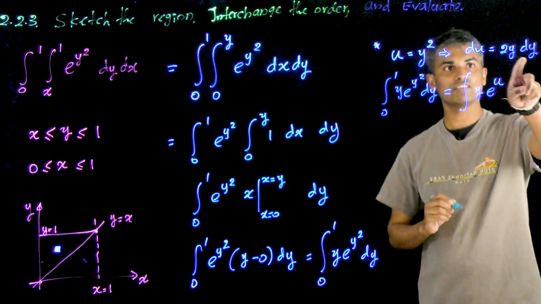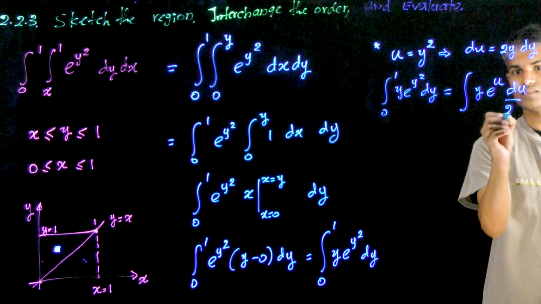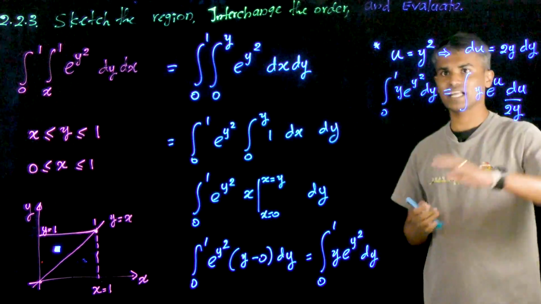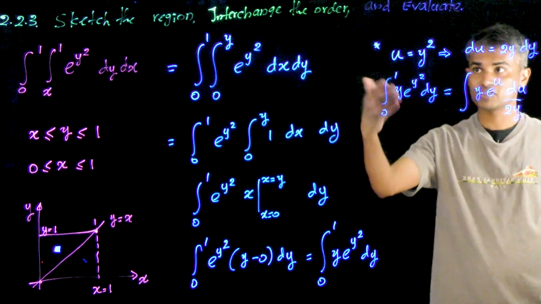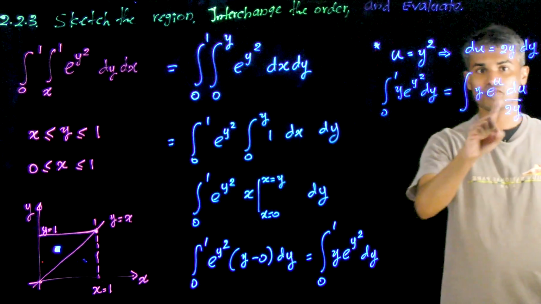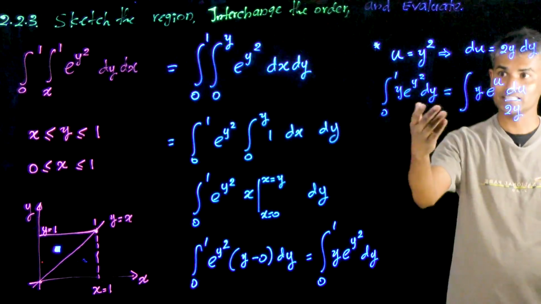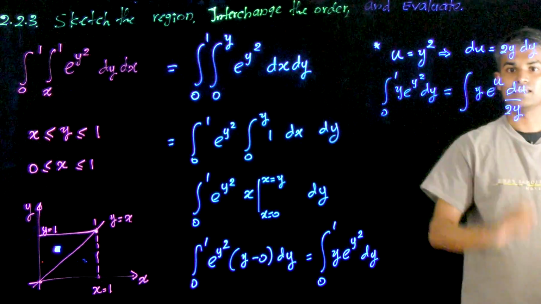So, in other words, dy equals du over 2y. I hope you all can remember this from calculus 2. So, when you make a substitution, when you introduce a new variable, you need to find the corresponding expression for, in this case, dy in terms of your new variable.